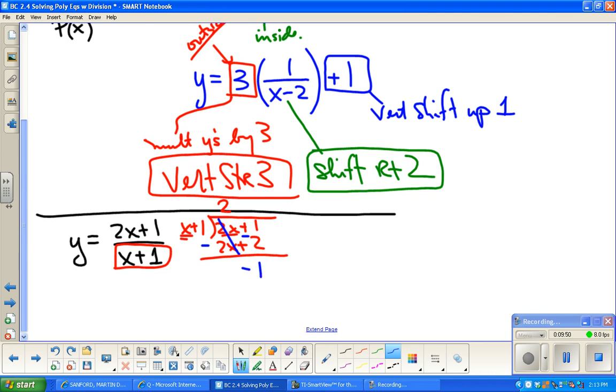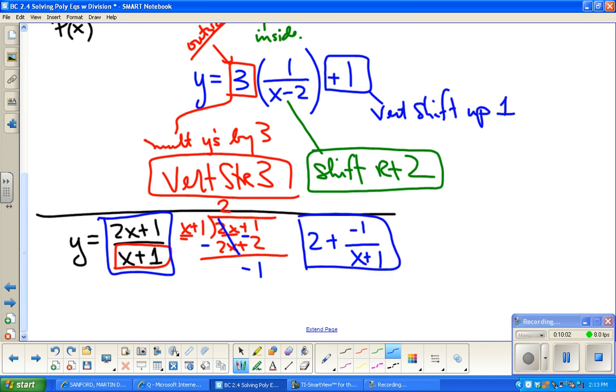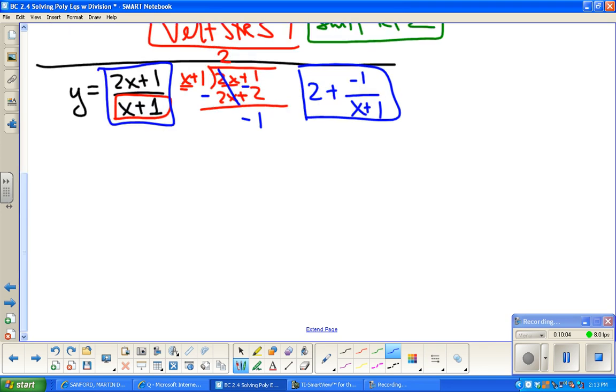And so we would write this 2 plus -1 over x plus 1. Well, this is a new way to write y. This whole thing is equal to this. I've done that division. So what we're going to do is write y equals, and I'm going to rearrange this a little bit so it looks more like what we had just a minute ago.